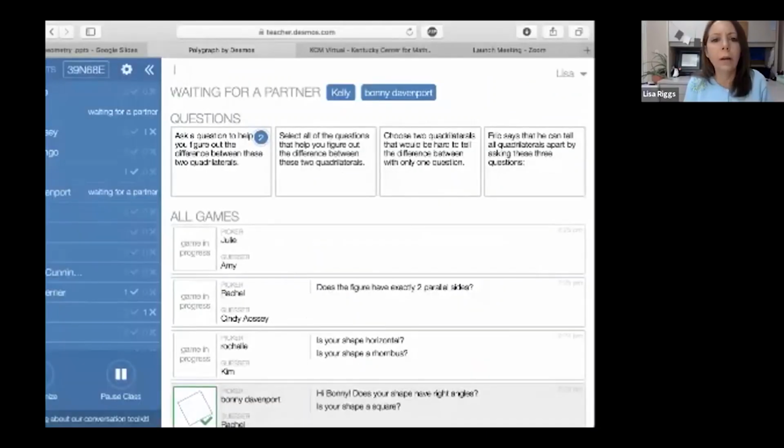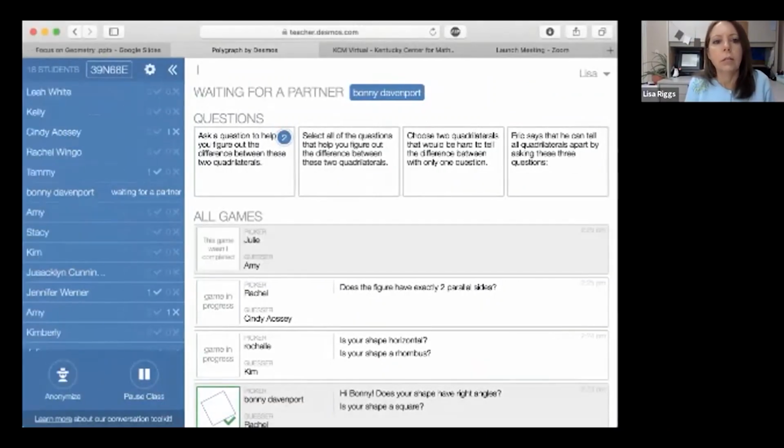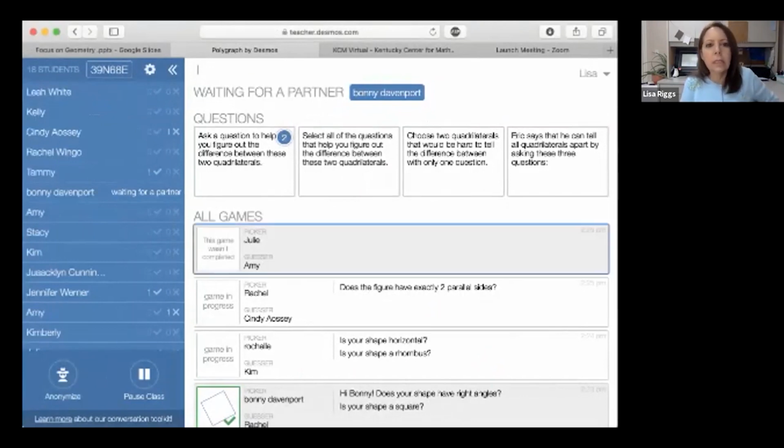Tell you what I'll do. I will share my screen again, and this time I will share my Desmos, what I was able to see as the teacher. So you should be able to see now what I saw as the teacher.